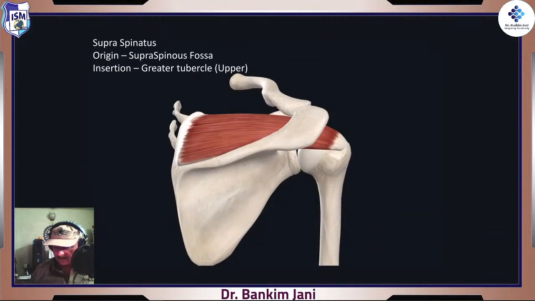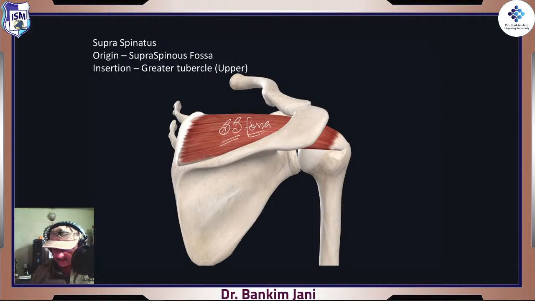Okay, let's focus now on our second muscle. This second muscle, just by looking at it, you will know that this is supraspinatus. No introduction needed. But in this, once again, our focus would be that its origin is the supraspinous fossa. That's where it is.